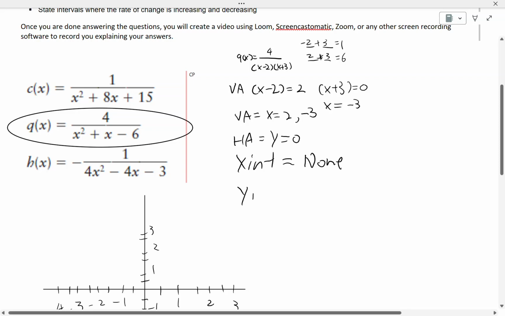And for the y-intercept, we get -4 over 6.